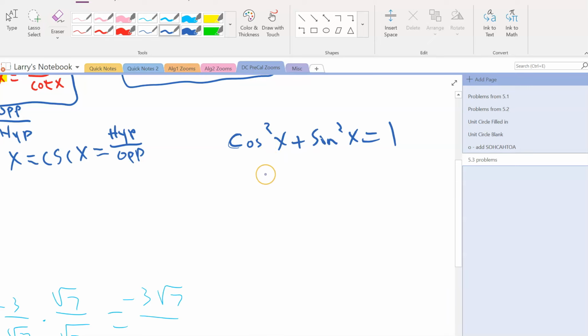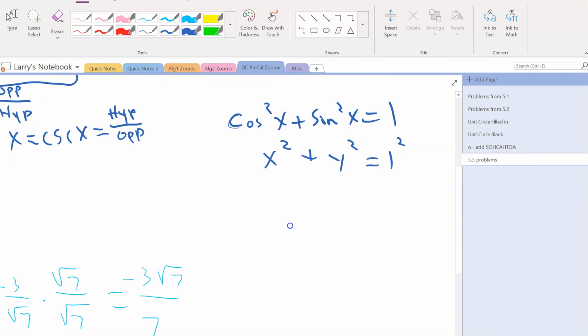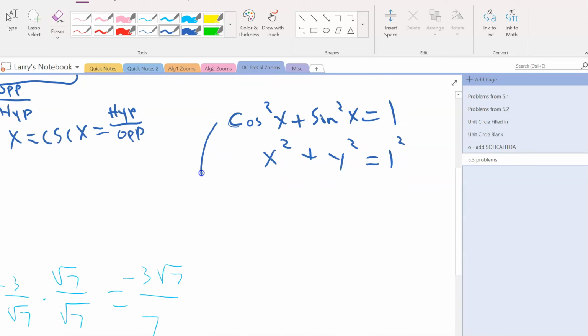Remember, cosine is x and sine is y. What we have here is x squared plus y squared is equal to 1. You could consider this 1 squared. 1 squared is 1. This is a squared plus b squared is c squared, where c is 1. It's our unit circle. So we can use this identity to solve this.